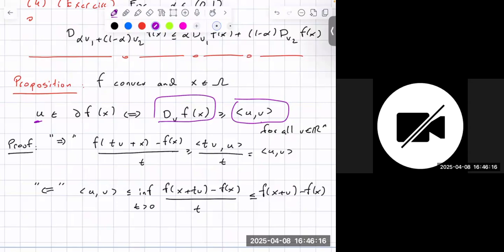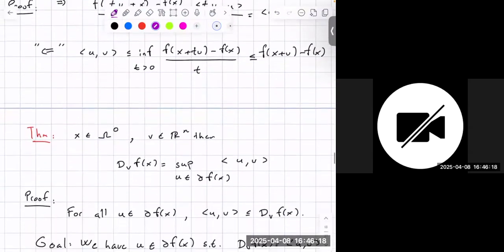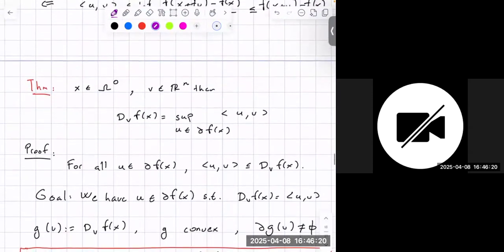It turns out this becomes equal to the directional derivative. They are all less than or equal to this number, and if you take the supremum, you get equality. So the directional derivative can also be seen this way: think about all your subgradients, multiply them with your direction v, and look at the biggest number you get; that turns out to be the directional derivative. But this is kind of strange, in the sense that before we got to the directional derivative as an infimum.